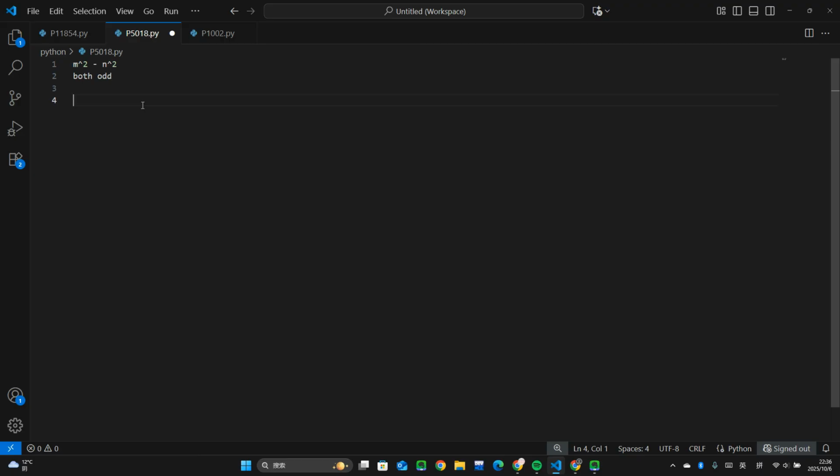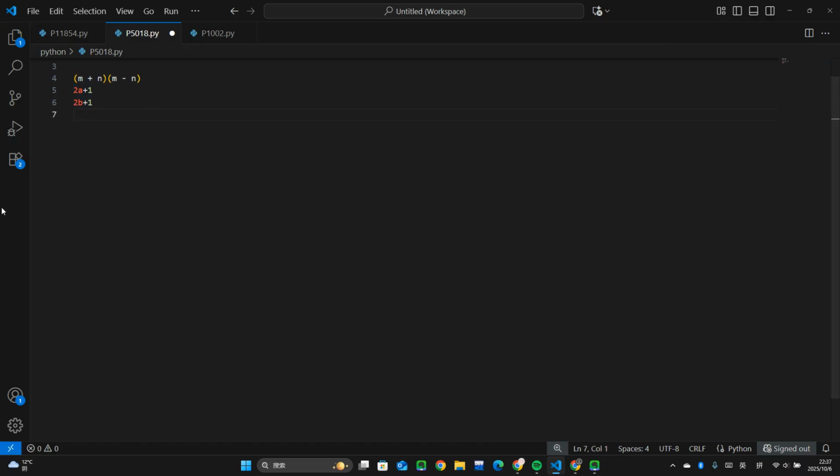We can actually factor this into a difference of squares using m plus n and m minus n. And since they're both odd, we can call m 2a plus 1, and call n 2b plus 1, where a and b are any natural numbers, because that way m and n are odd numbers.